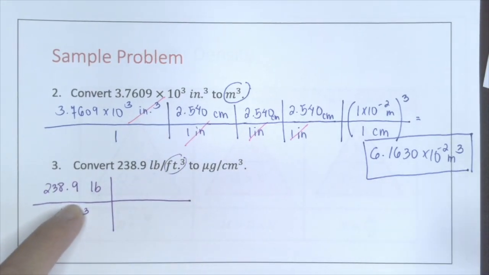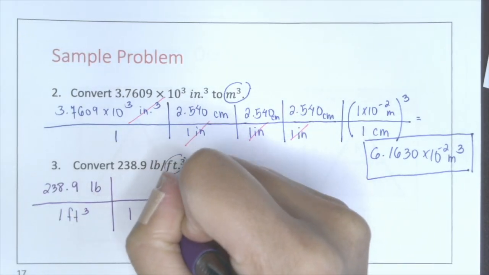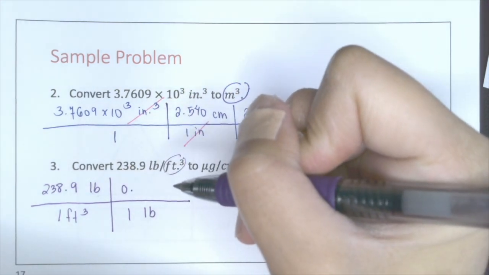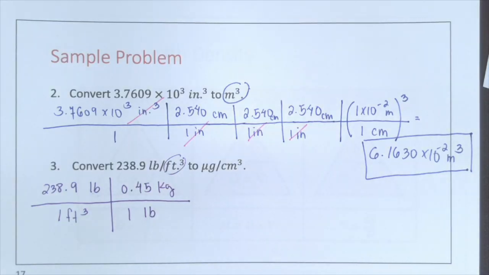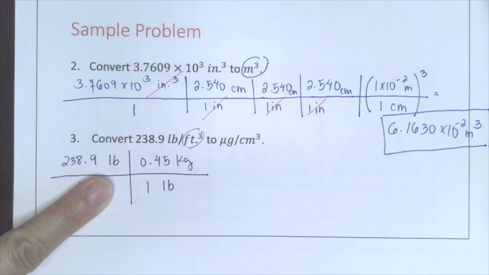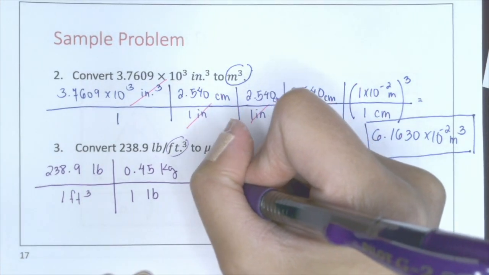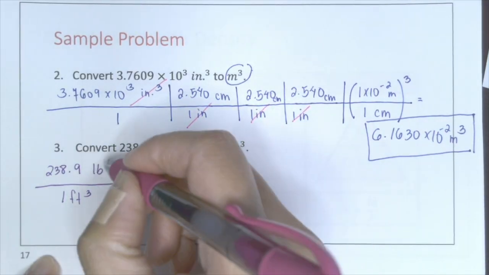So we have 1 pound, according to our table, is 0.45 kg. If this is confusing to you at first, you can go ahead and just cover up the bottom so then it looks like the same thing that we have been doing. Then you can just focus on that. Okay, the pound will cancel out.